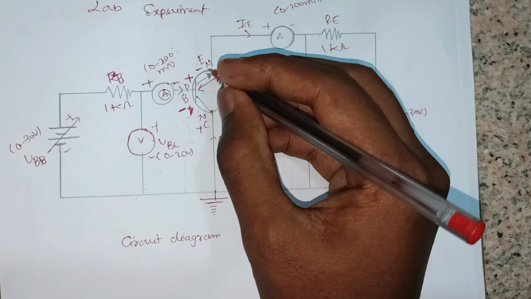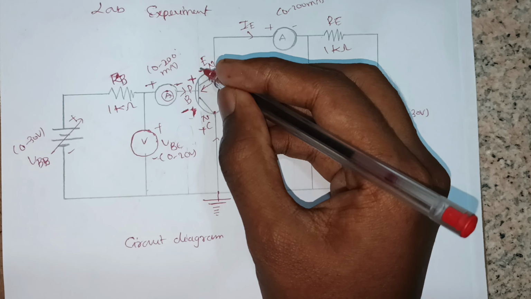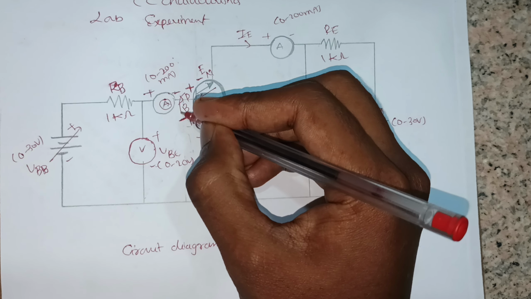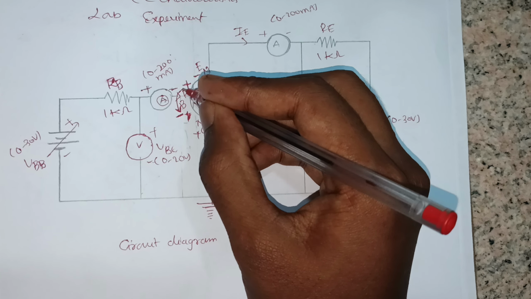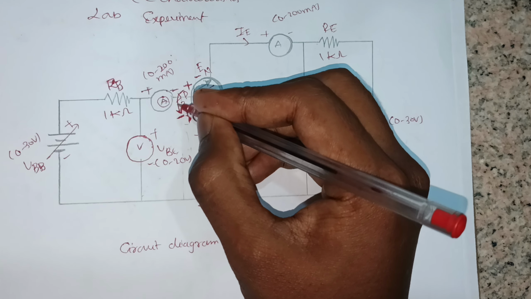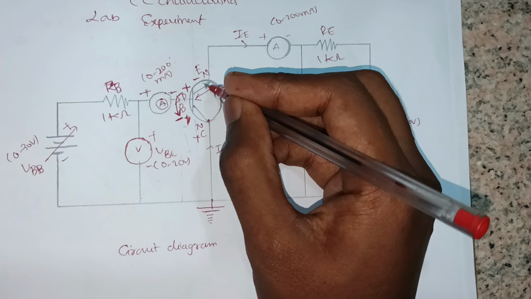Here the electrons come this way and reach here, so this positive will become negative. The current flow here is from negative to positive, so it is in the opposite direction to the emitter's arrow.